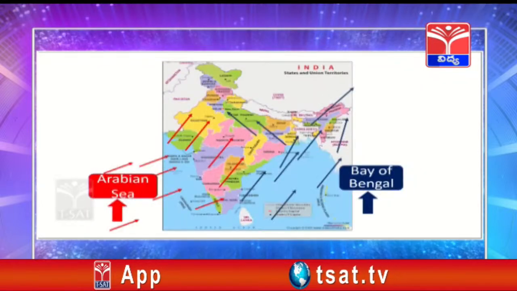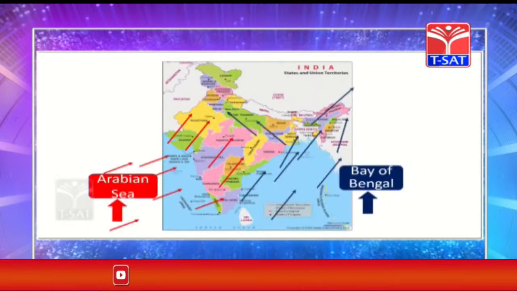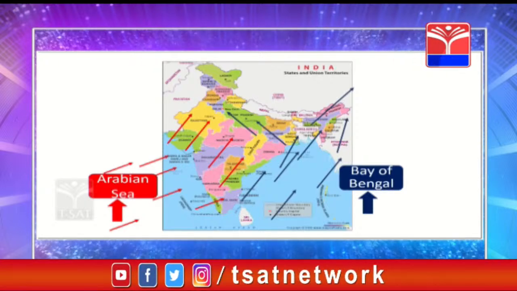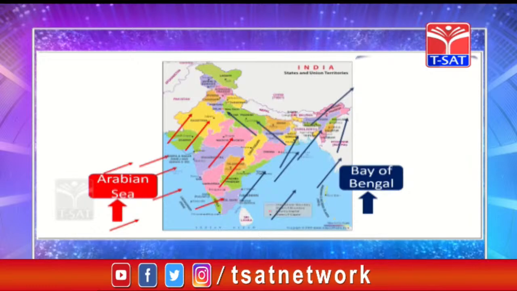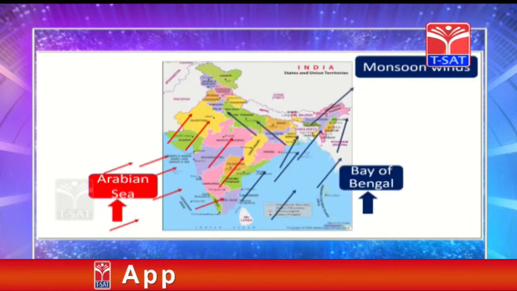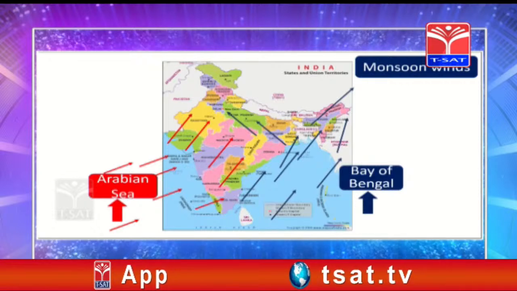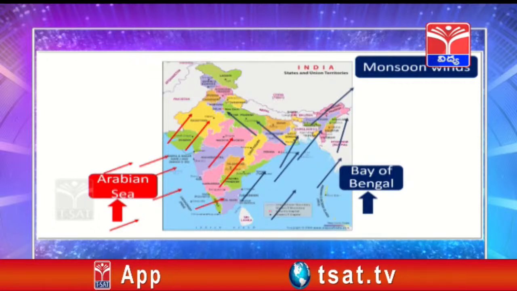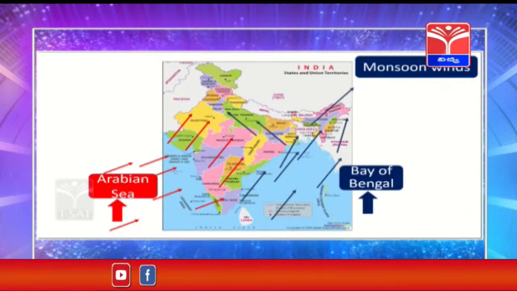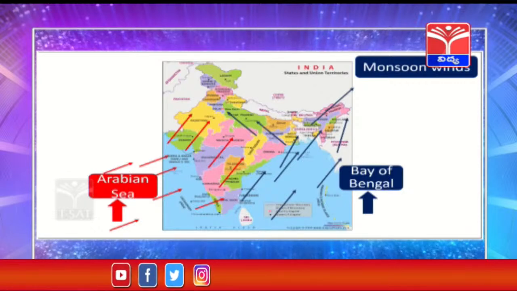There are some winds which blow from the Arabian Sea and the Bay of Bengal, and they play a very important role in the transportation of clouds, and these winds are called monsoon winds. The other name given to these monsoon winds is southwest winds, because these winds are blowing in that direction, so these winds are called southwest monsoon winds.